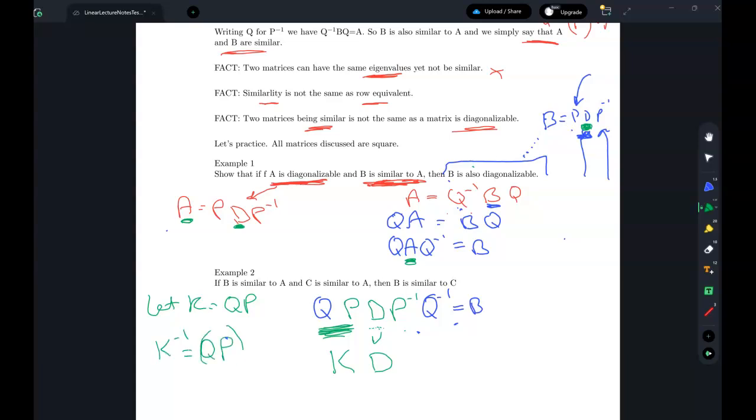What do we know about inverses when we have them multiplied? Isn't that P inverse Q inverse? It is. So this is K inverse, and that's B. So what we've done is show that B is diagonalizable. Yes? Good.